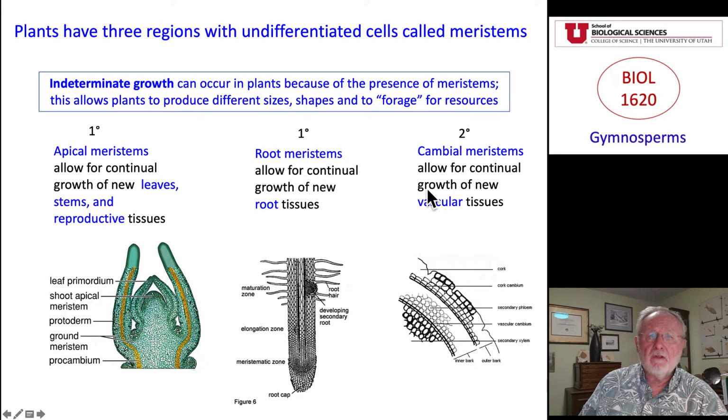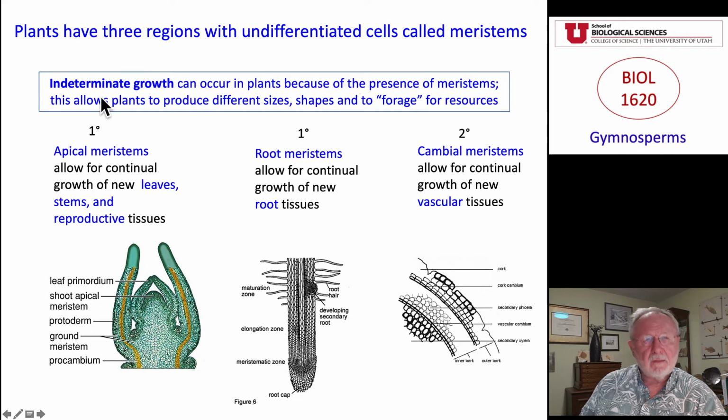We have another, third meristem we call the cambium meristem, and it's adopted the name secondary. And this allows for continuous growth, as I mentioned earlier. Here we have the vascular cambium, and on one side the cells divide to produce new xylem, and on the other side they divide to produce new phloem. So we have three different meristematic tissues that allow for indeterminate growth.